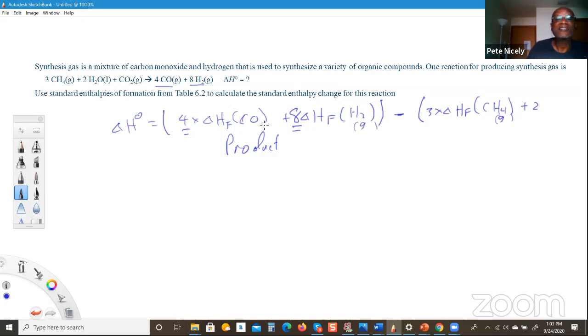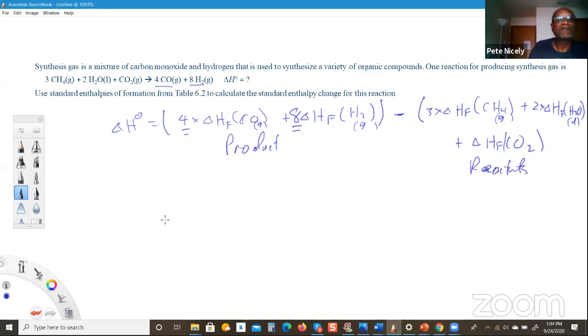When it comes to the H2O, 2 times enthalpy of formation of H2O liquid plus the enthalpy of formation of CO2. All right, so that's basic, and this is for the reactants.